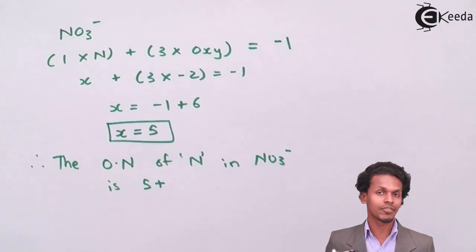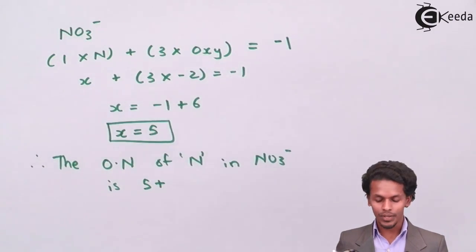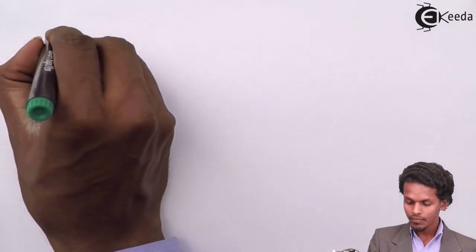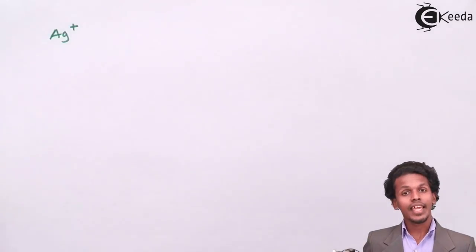Now the products are left, so we are going to shift towards that. In the products, we can see Ag plus.